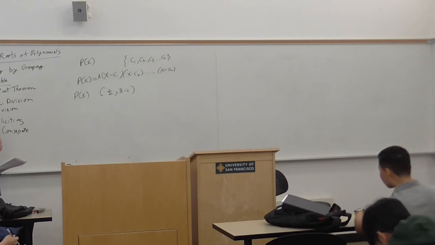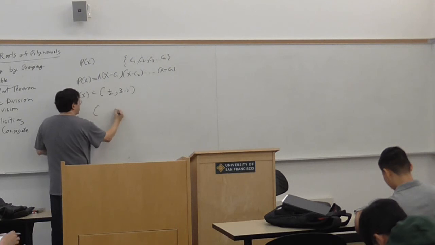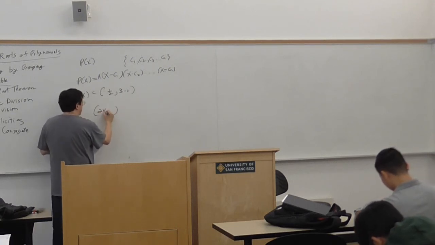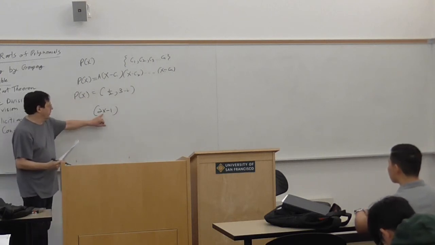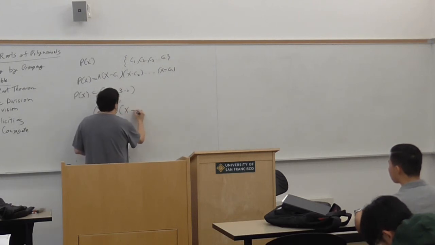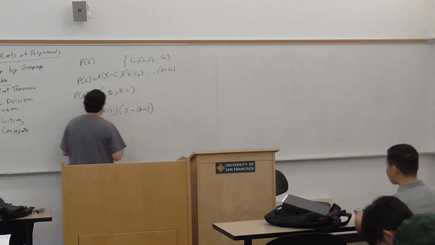Okay. So one of the roots has to be x minus 1/2, or like 2x minus 1. That's a little easier. Still, you plug in 1/2 to get 0. One of my roots is x minus 3 minus i.